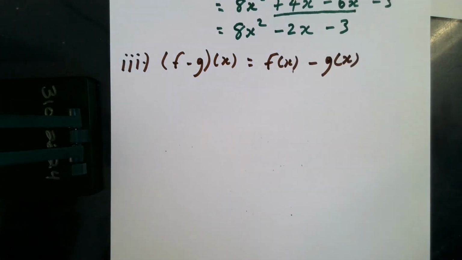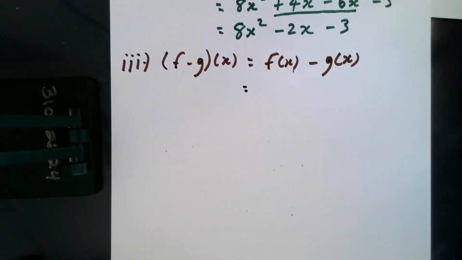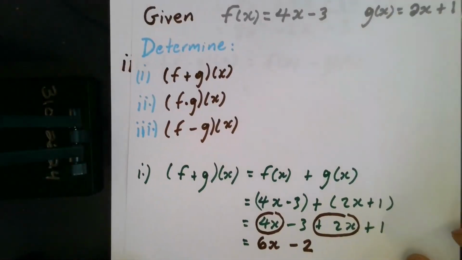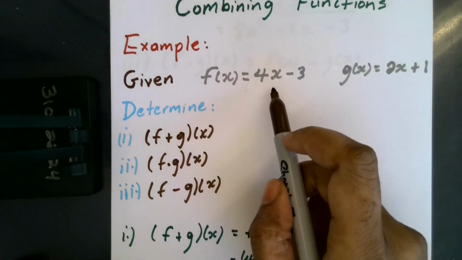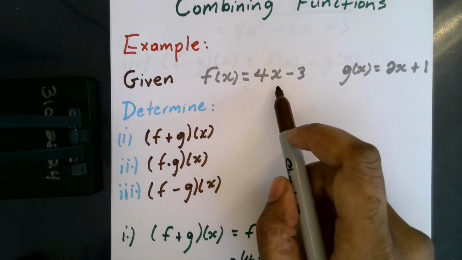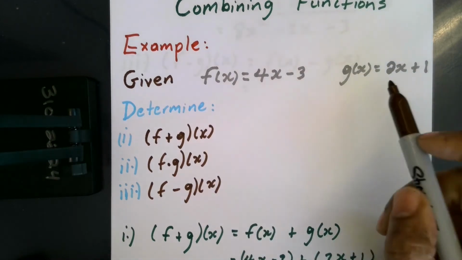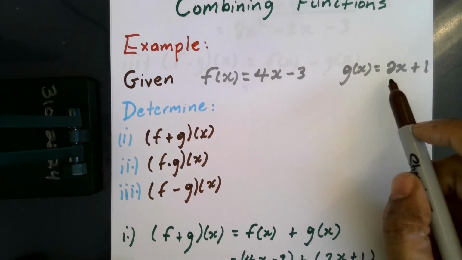Yes, that's all, okay? Now from the question that was given to us, we know what f is. f is 4x minus 3. We know what g of x is. g of x is 2x plus 1, okay?